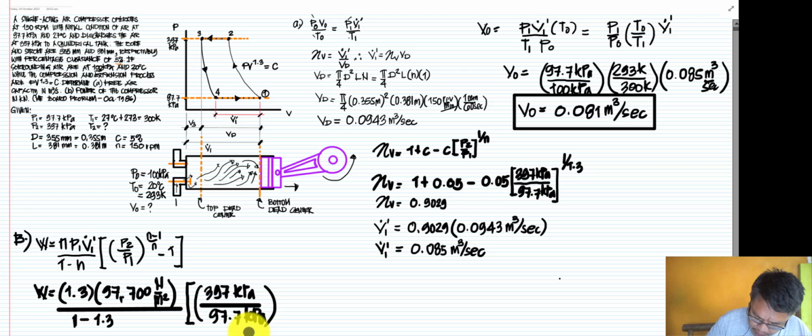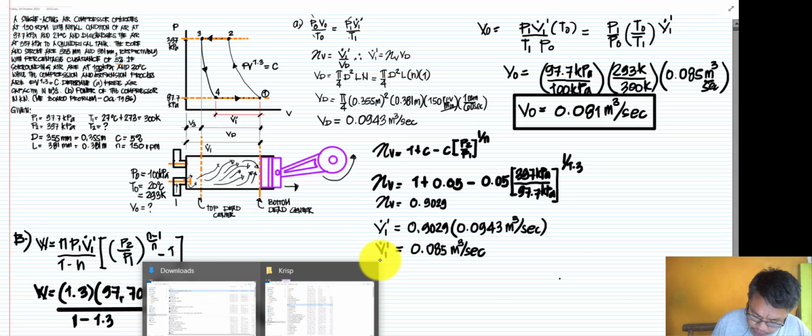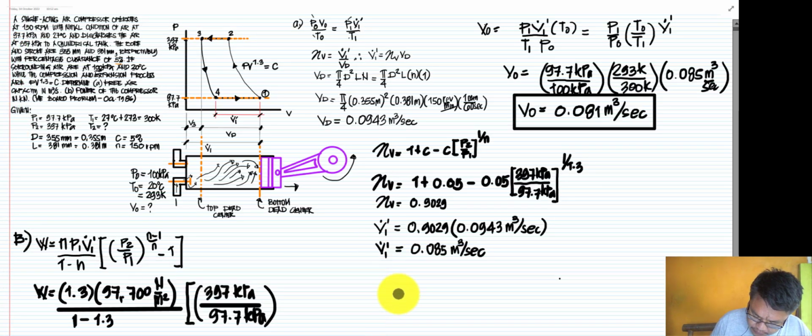Okay, I'm going to raise this one to the power of 1.3 minus 1, all over 1.3, then minus 1.